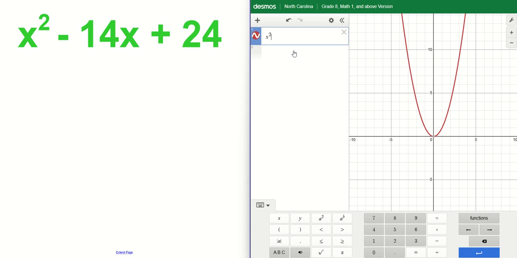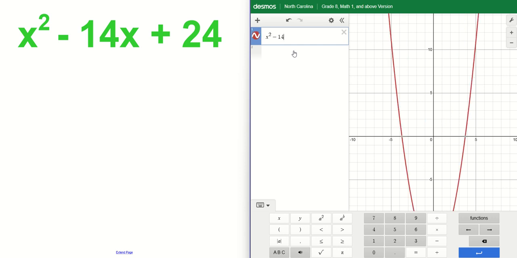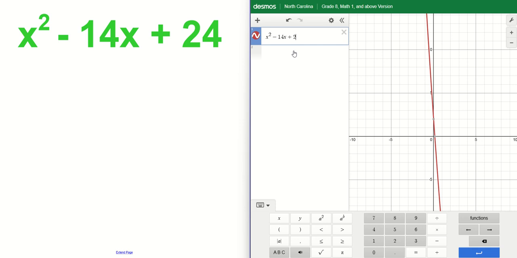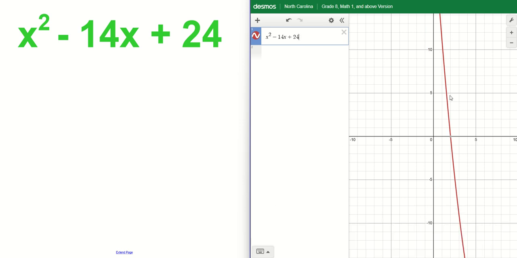To get out of the exponent, if your cursor's up there still, you hit the right arrow. So then we got minus 14x plus 24. In a lot of these cases, to see the whole thing, you will have to zoom out some.